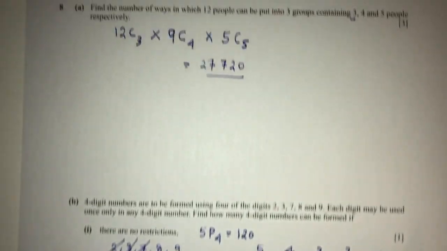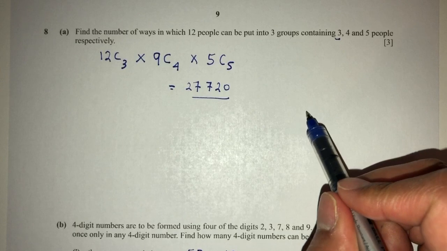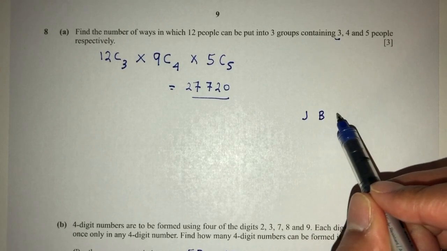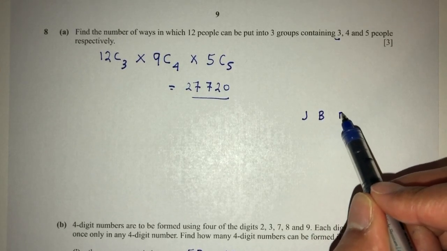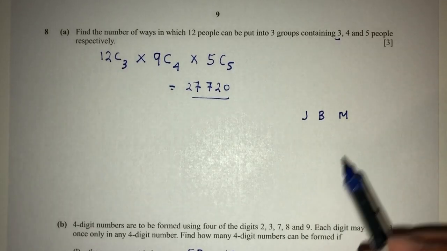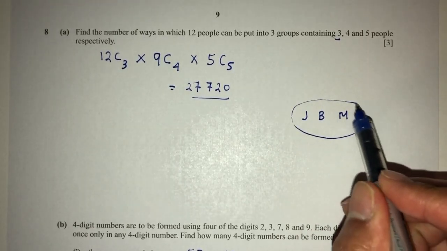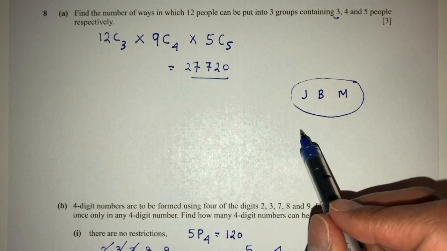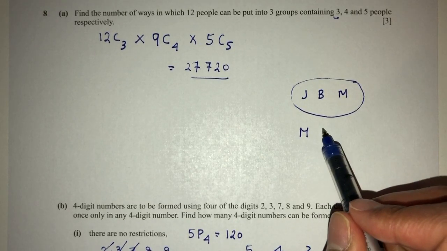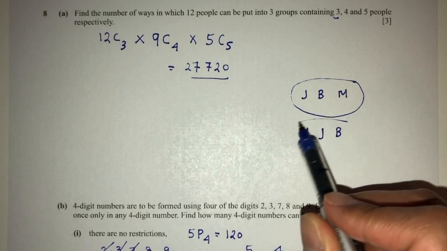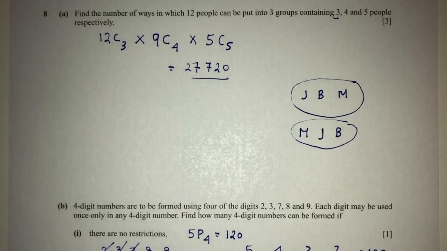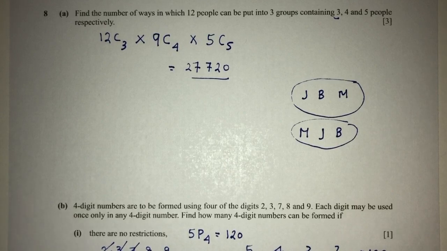For example, let's say I have John, Bob, Mary in a group of 3 people. Now, what if I put Mary first, then John, and Bob? You will say, it is still the same group of people, so it doesn't matter in terms of combinations. That's the difference between the two.